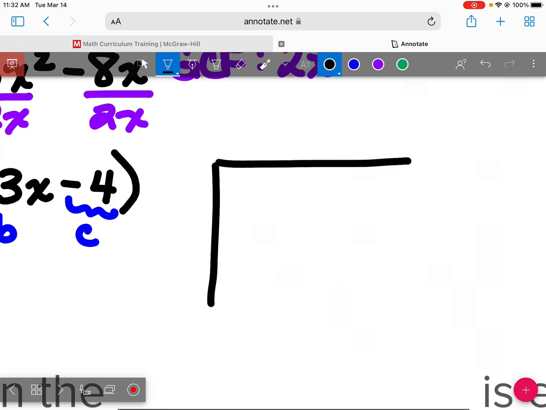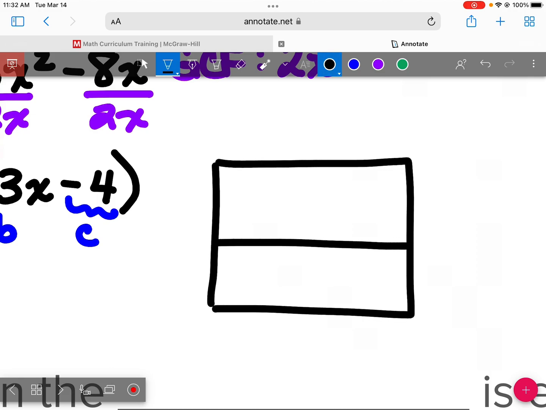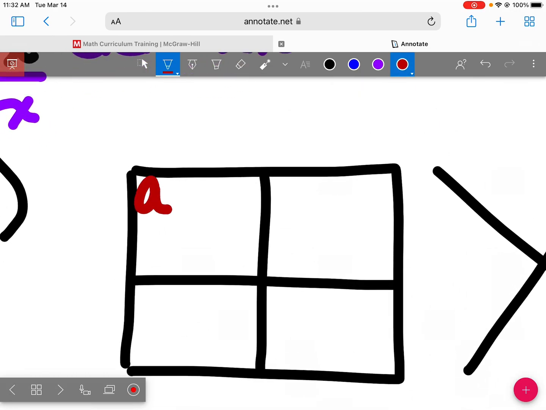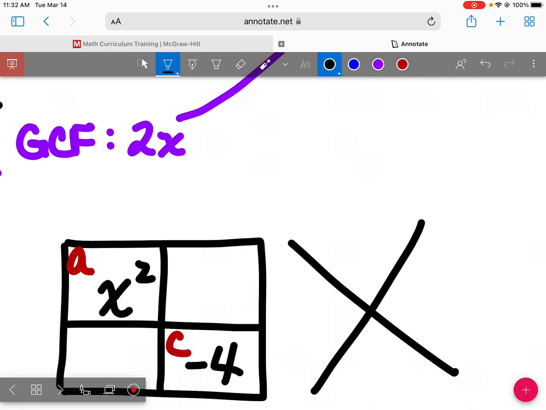So I'm going to draw my area model. And I'm going to do my x. A goes in the upper left. C goes in the lower right. So x squared and -4. A times C, what are we multiplying together? 1 times -4.